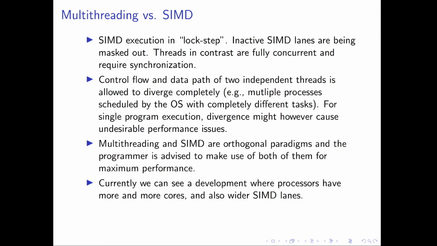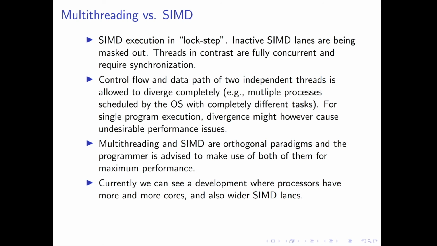Threads, in contrast to that, are fully concurrent. They can diverge completely. But on the other hand, they require synchronization, so we have to take care of synchronization. The control flow and the data path of two independent threads can theoretically diverge completely.